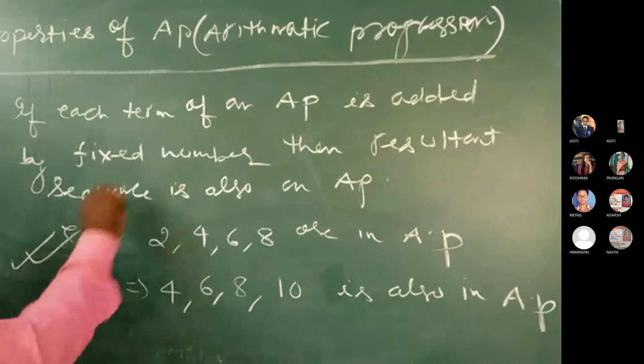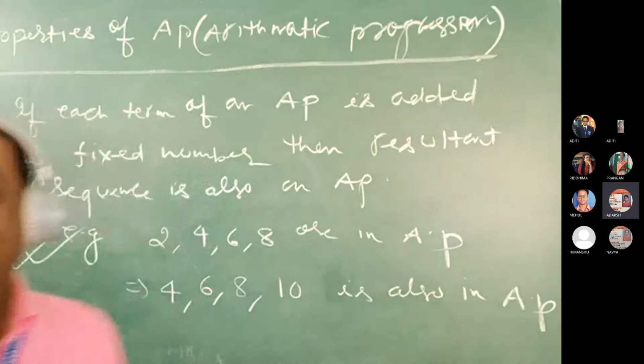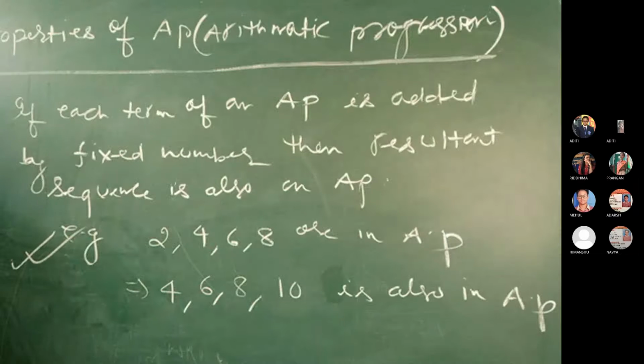Is that okay? Yes. The very first property is if you add a fixed number to each term of arithmetic progression, then the resultant sequence also is in AP. Is that okay? Yes sir.